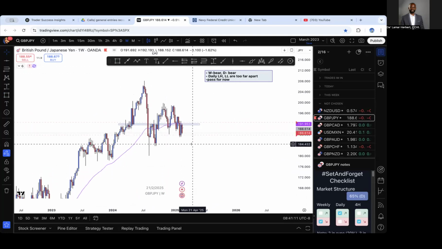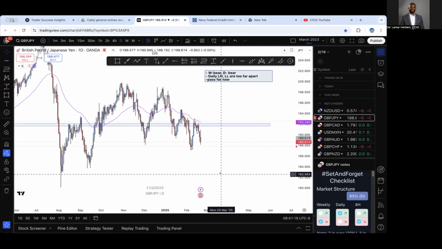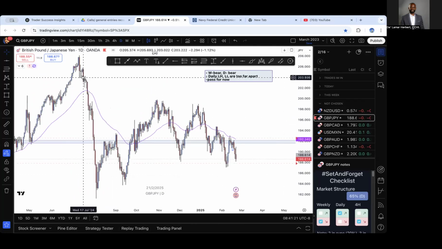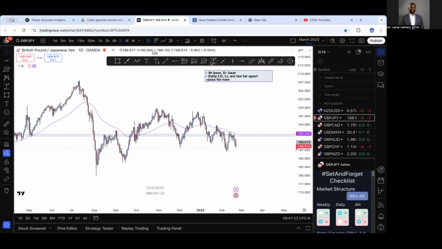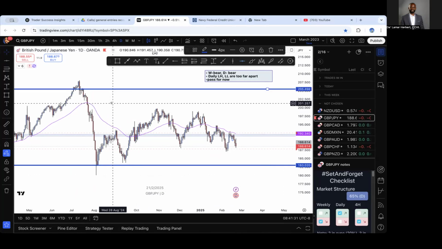Where's price? Moving away, right? It's kind of almost at the lower low. Daily is going to be, so here's a problem. Right here, I would consider this from here to here, we're still in a huge daily bearish range, right? Until like way up here.